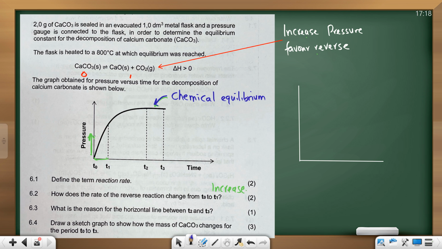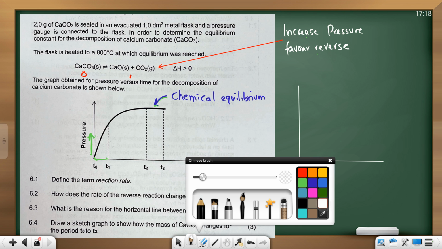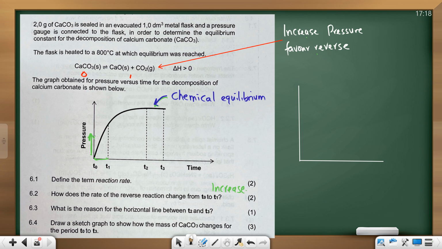So what's going to happen? Please watch. This examiner is very clever. 2 grams of calcium carbonate is sealed. They said the mass. What is the initial mass? 2 grams. Make sense?